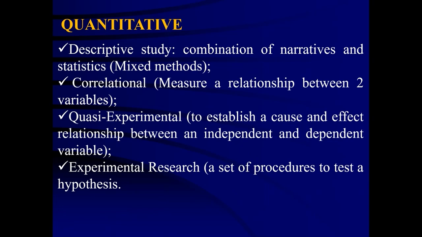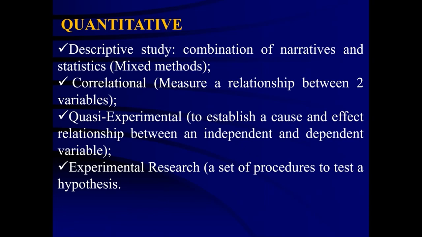Like in a quantitative study, you can use a descriptive study. A descriptive study is a combination of narrative and statistics. So maybe you can have a mixed method whereby you want the results of your quantitative to be confirmed by the qualitative.